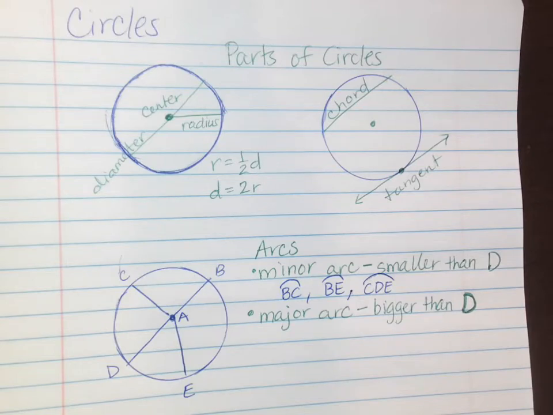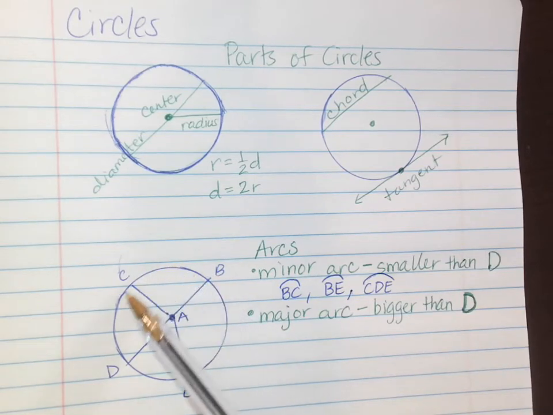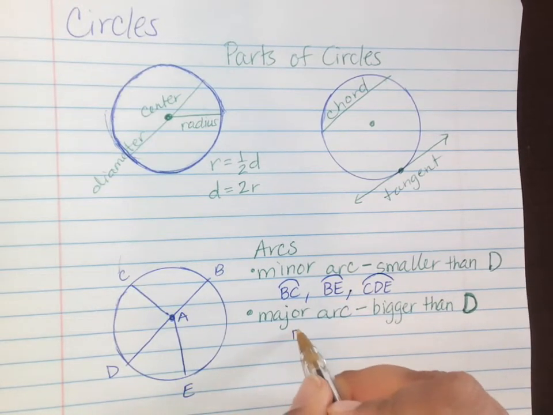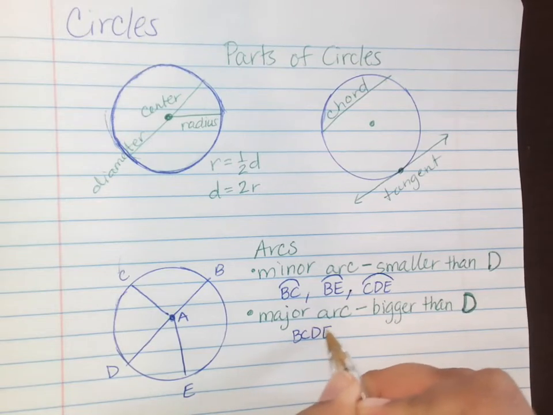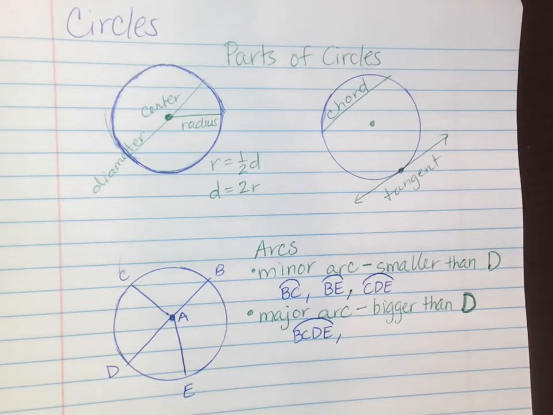So this is anything bigger than half of it. If we look at our diagram, let's see. We could say from B all the way around to E. So B, C, D, E. That huge thing is one arc, and that's a major arc. It's bigger.